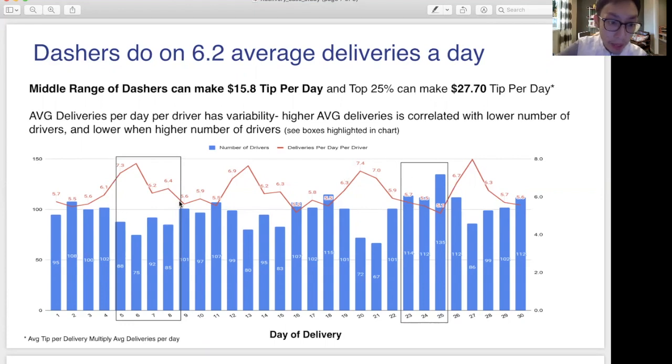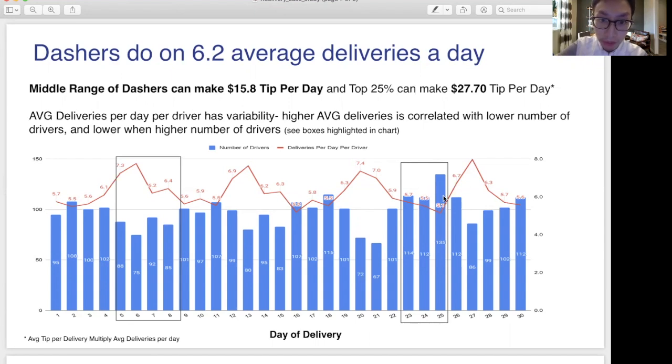So what I'm trying to paint is that in these boxes, we're able to understand that marketplace a little bit more. Like on these days throughout the month, there were fewer active drivers. And what had actually happened is the volume of deliveries for each driver had to go up, versus on day 23 to 25, we actually see more drivers.